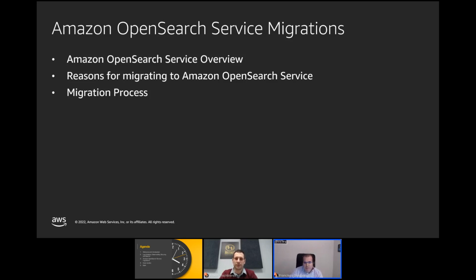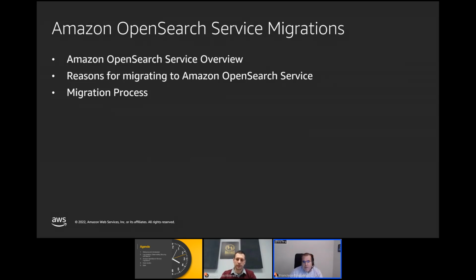So we have a very busy agenda, but hopefully it's very interesting for you. First, we're going to provide you with an overview of the Amazon OpenSearch service. Amazon OpenSearch service is the managed service for the open source community project. So we are going to cover both the OpenSearch service and the community project, including benefits, features, and use cases.